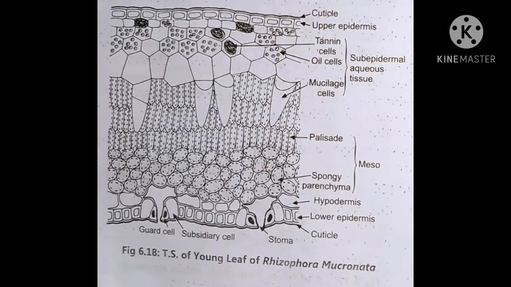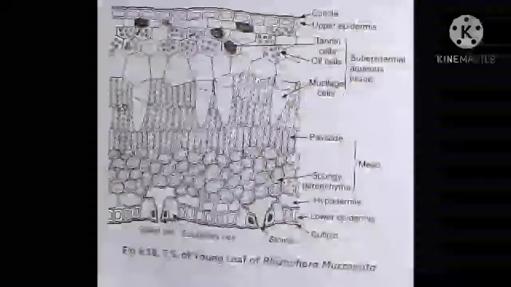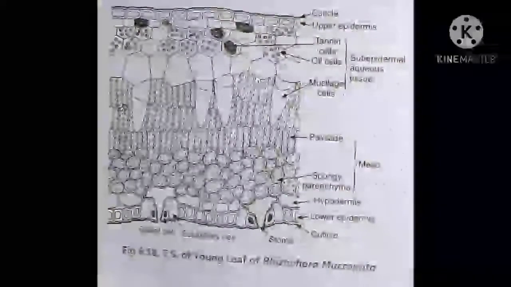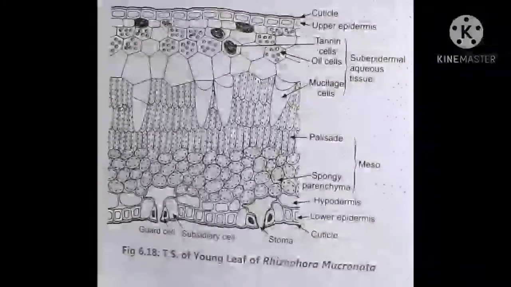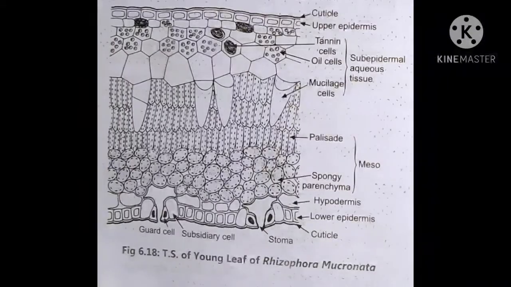Then towards the upper side there are subepidermal aqueous cells that store water, and also store oil and tannin, and some of them become mucilage cells that get embedded in the palisade tissue. Mesophyll cells are well developed and well differentiated into palisade and spongy.